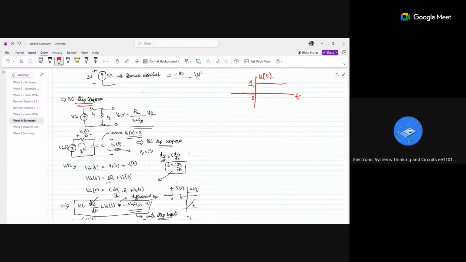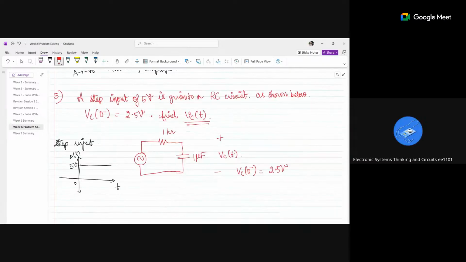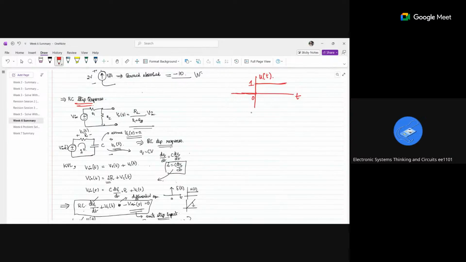If it is a unit step input, the value is always 1. But in this question, they have given a step input of 5 volts. That means instead of 1, you have to replace it with 5. If they give only step input, then it means 1.